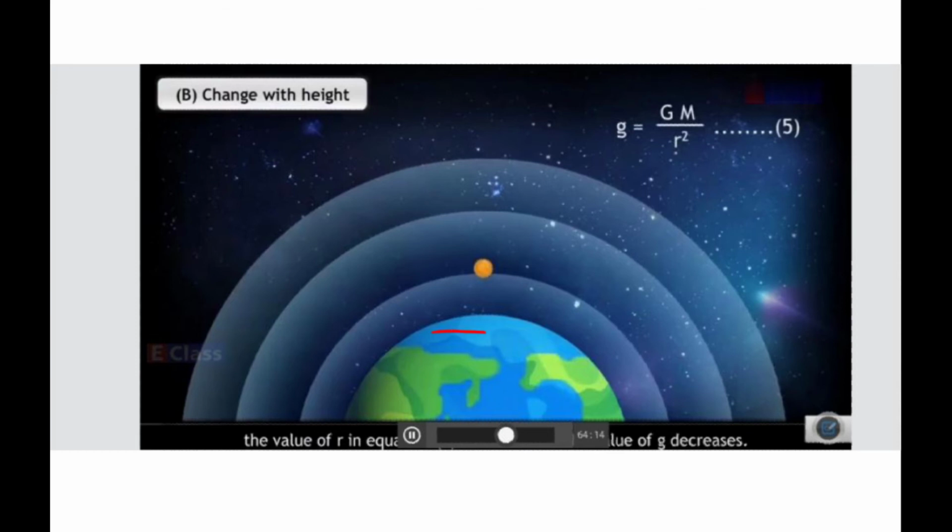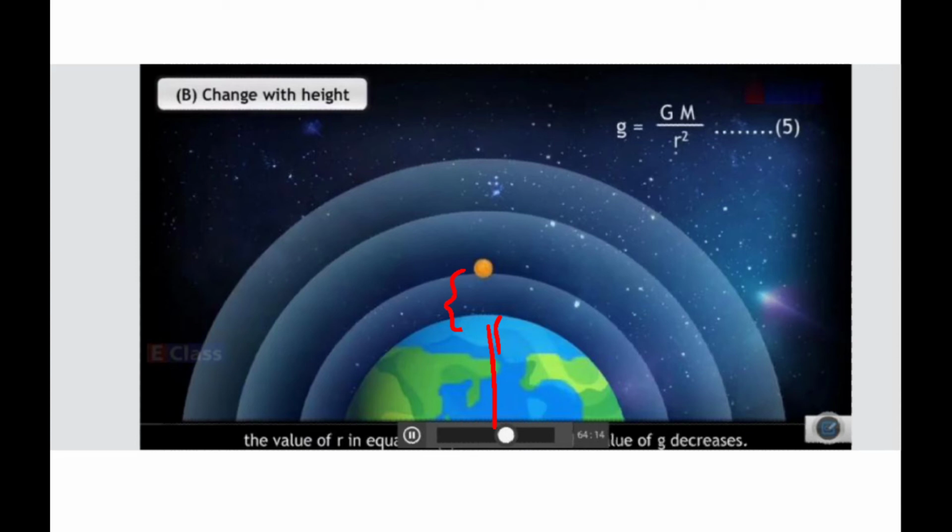When it is on the surface of earth, we were taking as capital R. But now the object is outside. Are you getting? So again I have to use small r. Now what will be this small r, children? It will be this capital R plus this distance. Once again this is the normal capital R. But this distance also I have to calculate, na? Now how much it is away from the surface, that much also we have to calculate.